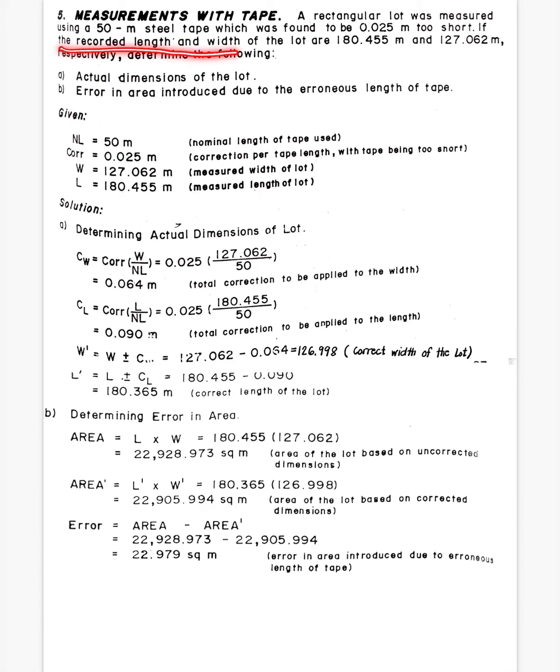you have the problem. If the recorded length and width of the lot are 180.4455 and 127.062 respectively, determine the following. So the actual dimension of the lot and the error in the area introduced due to the erroneous tape length.